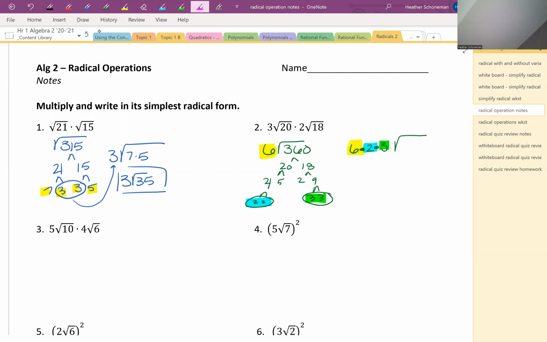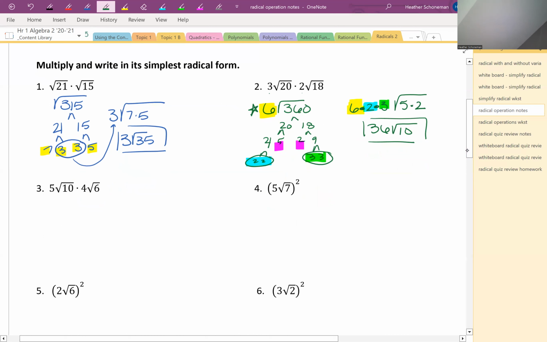Anything that is a prime number and doesn't get paired up, it goes back underneath. And so when I simplify this, 6 times 2 is 12, times 3 is 36. So I end up with 36 square root 10. So it's just like simplifying the square root, except you got to remember that 6 is already outside. We are just going to add things to it.